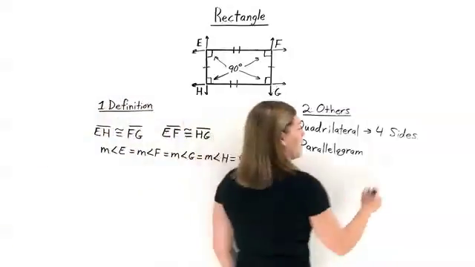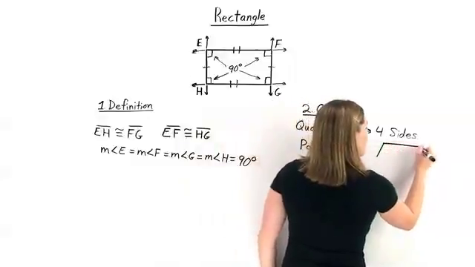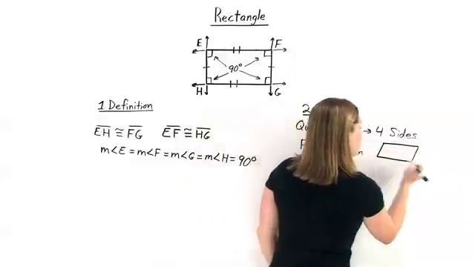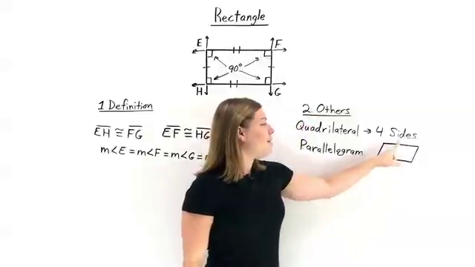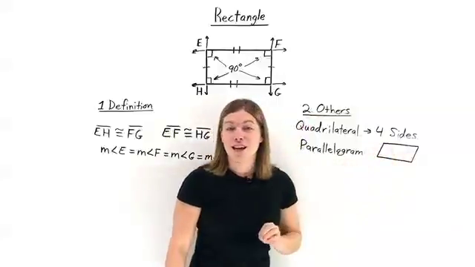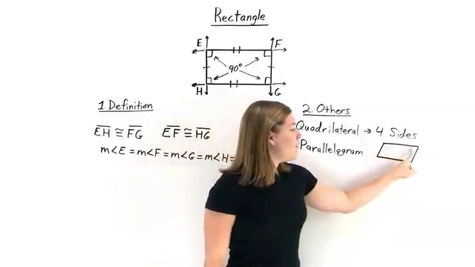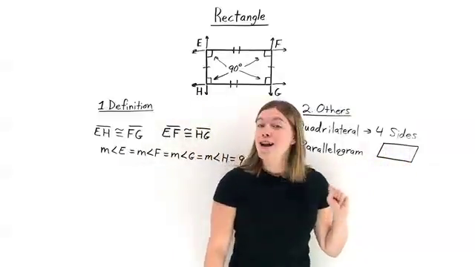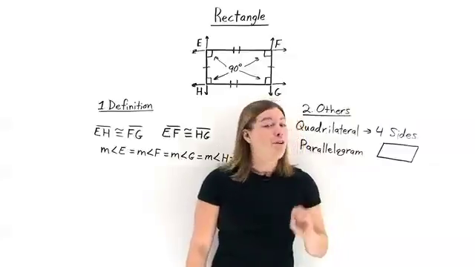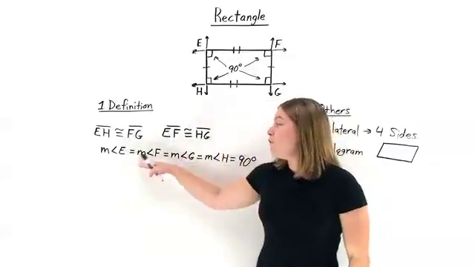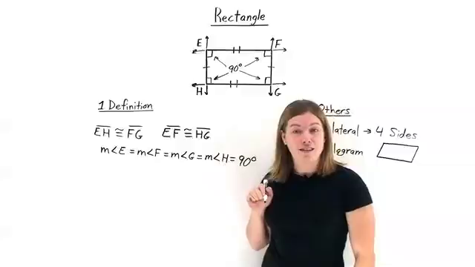Take a look at this parallelogram, for instance. Here we have a parallelogram. We have 4 sides, and the opposite sides are parallel and congruent. But look at the angles. The interior angles of this parallelogram are not right angles. In order to be a rectangle, all 4 angles must be right angles.